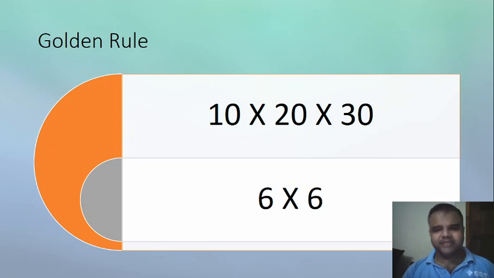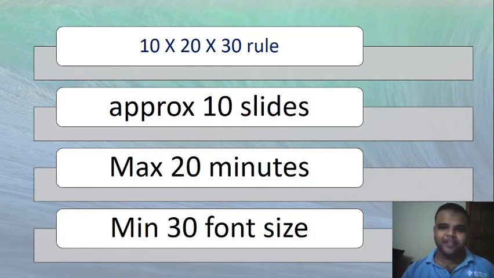While making any presentation, there are two golden rules that one will have to follow. We call it the 10-20-30 rule and the 6x6 rule. The 10-20-30 and the 6x6. What are these? The 10-20-30 rule is very beautiful. Approximately have 10 slides in your presentation.